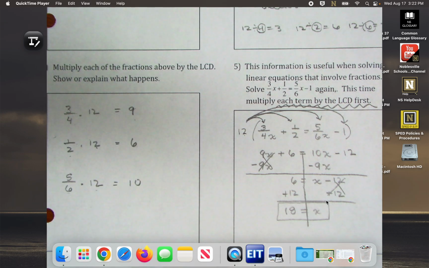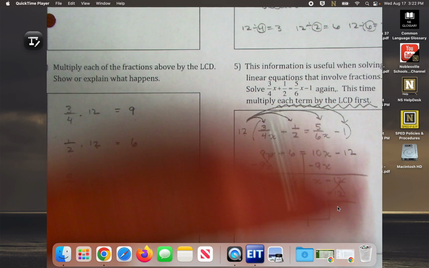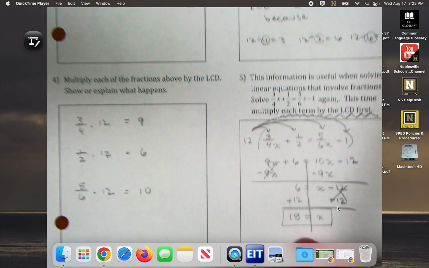Right? Significantly easier than finding common denominators so that you can add and subtract the like terms and then remembering how to divide. So it takes a little bit of work here, but then it's super fast and you will be accurate. So let's turn this over and look at the next side.